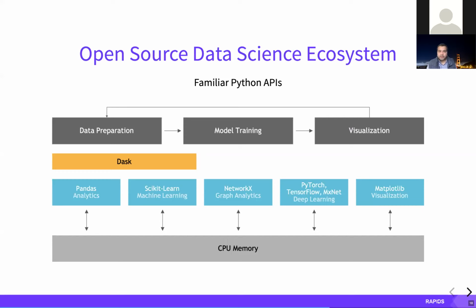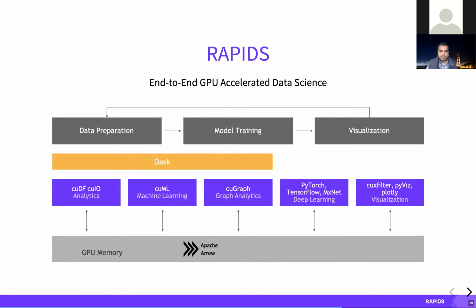Here is what Rapids vision looks like, what the Rapids library today looks like. This diagram needs to be updated; we do a lot more than this. But this is what Rapids looks like. You have cuDF, or CUDA accelerated data frames, which is the pandas equivalent. We try to mimic pandas as much as we can in terms of API definitions because it's very intuitive, and then we add GPU acceleration on top of it.